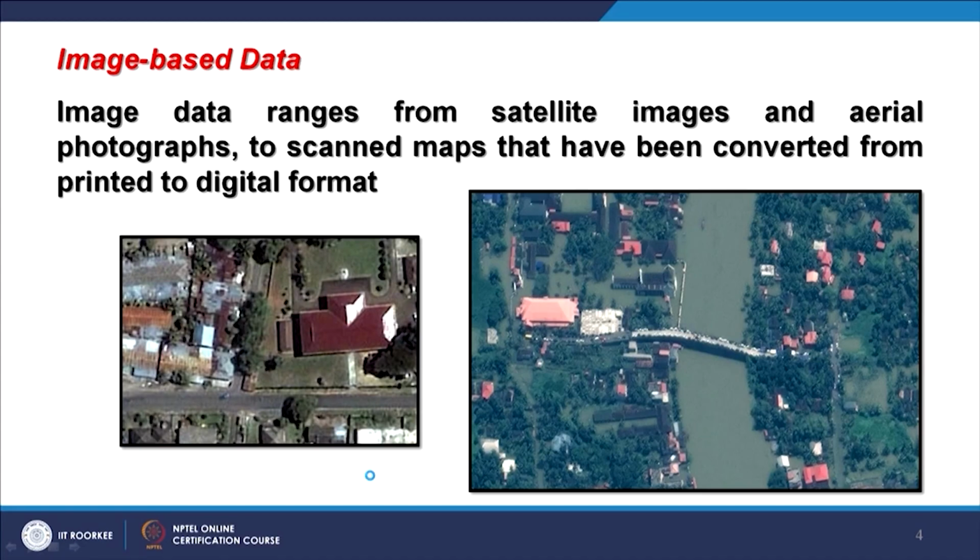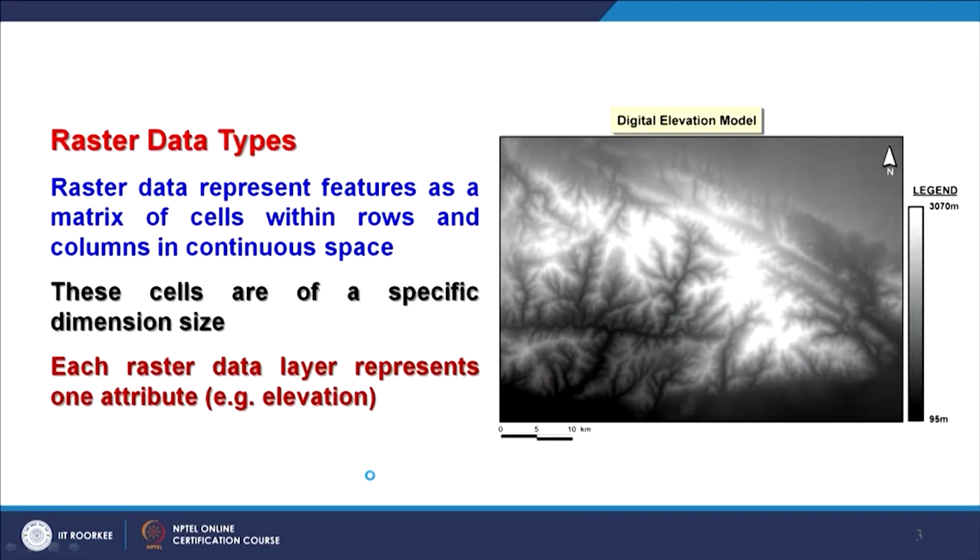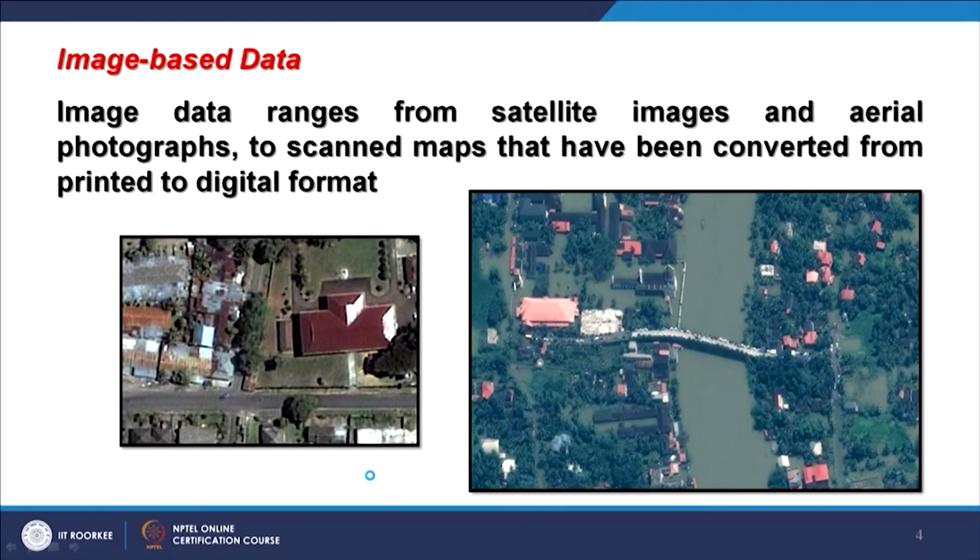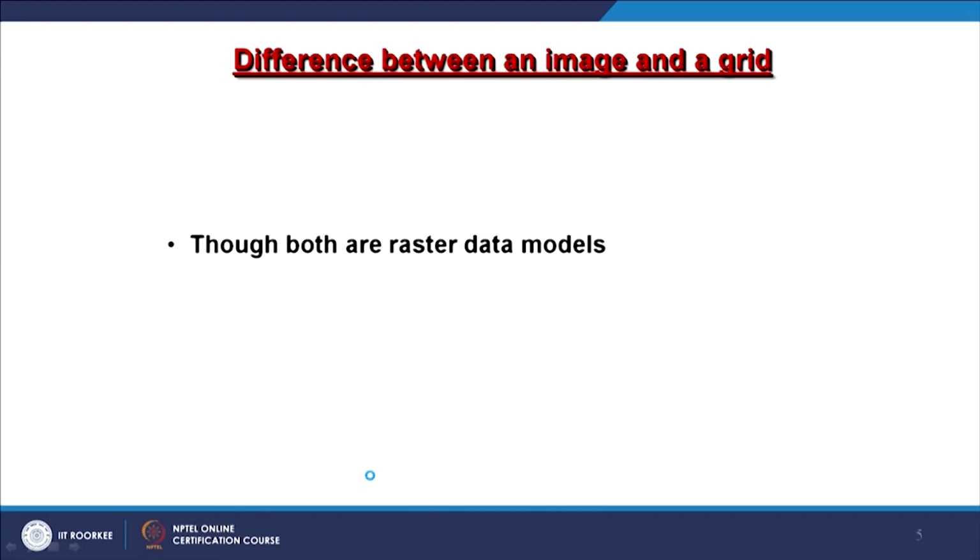So, your raster grid will look something like this, and your raster image may look like this. Both are raster. Here, instead of calling it a cell, we call it a pixel, which is short for picture element, and how the cell values are stored in the system is also a little different, which we will discuss later.